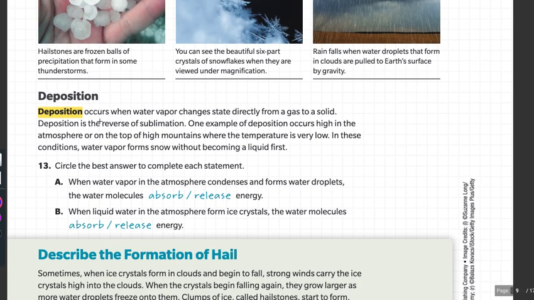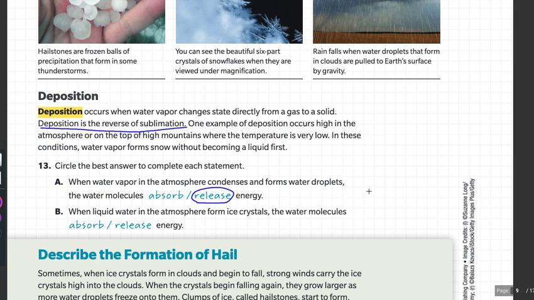Deposition occurs when water vapor changes state directly from a gas to a solid. This is the reverse of sublimation. So remember, sublimation was like ice evaporates. Deposition is water vapor, gas, going straight to solid. When water vapor in the atmosphere condenses and forms water droplets, the water molecules are releasing energy because they are going from a higher energy state, gas, to liquid water.